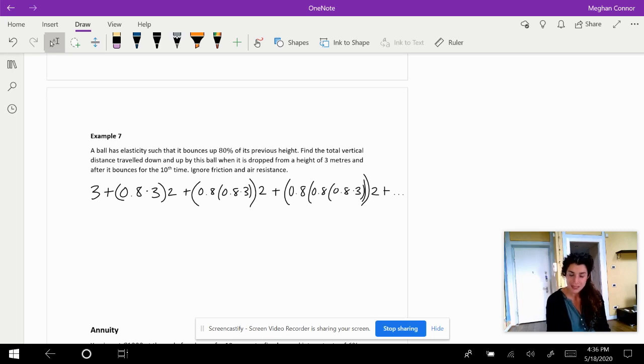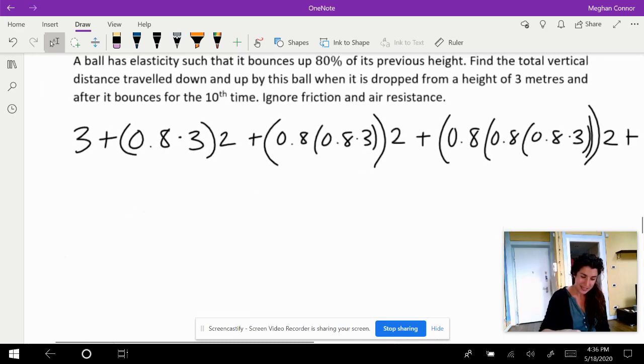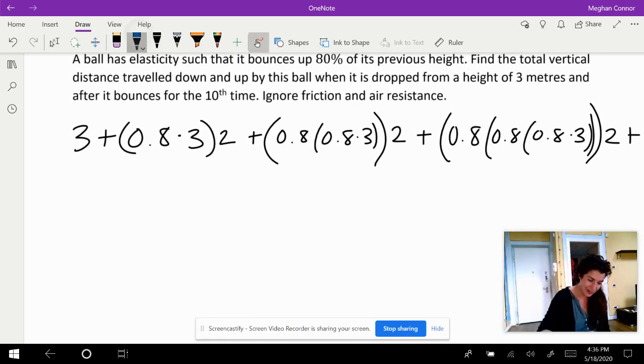Okay, so I'm going to try and solve it differently than your book, and we're going to see if it works out. So my common ratio is 0.8, and my first term is 3.